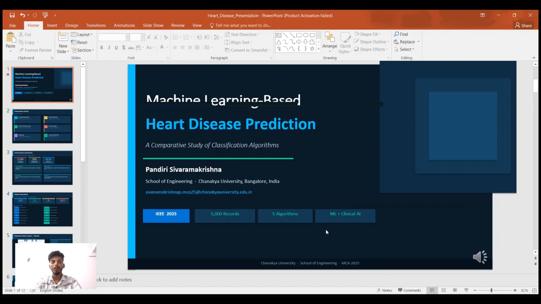Machine learning provides a powerful solution by enabling automated, fast, and cost effective prediction systems. So, the main goal of the project is to compare different models and find which performs best for heart disease prediction.